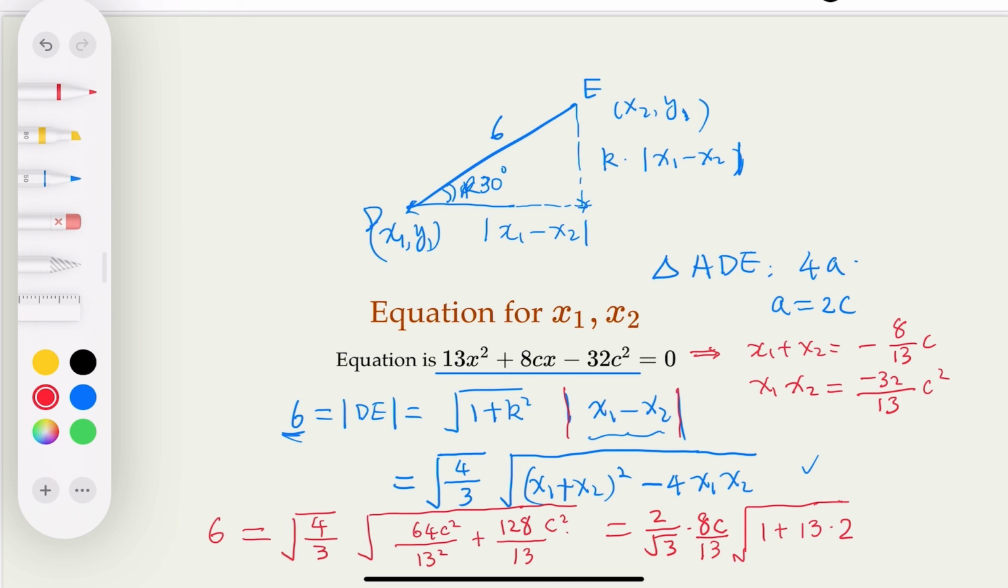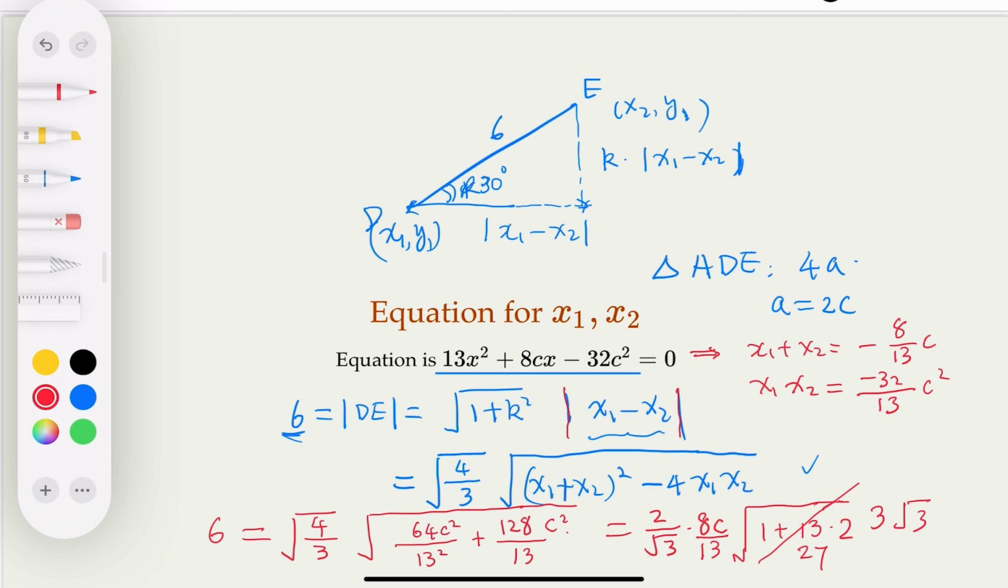So what you get here is 27, which is equal to 3 square root of 3.